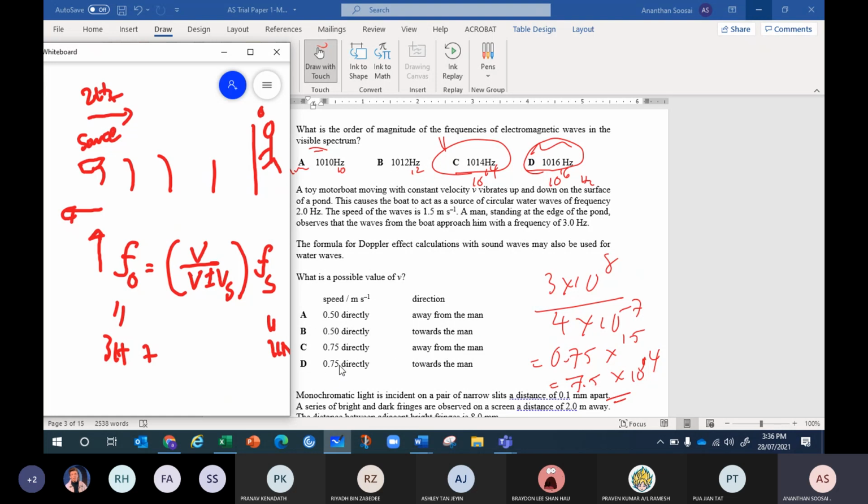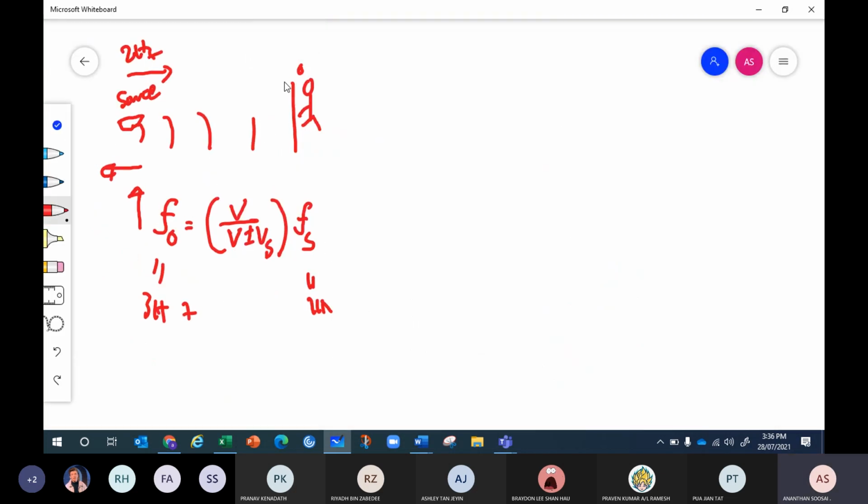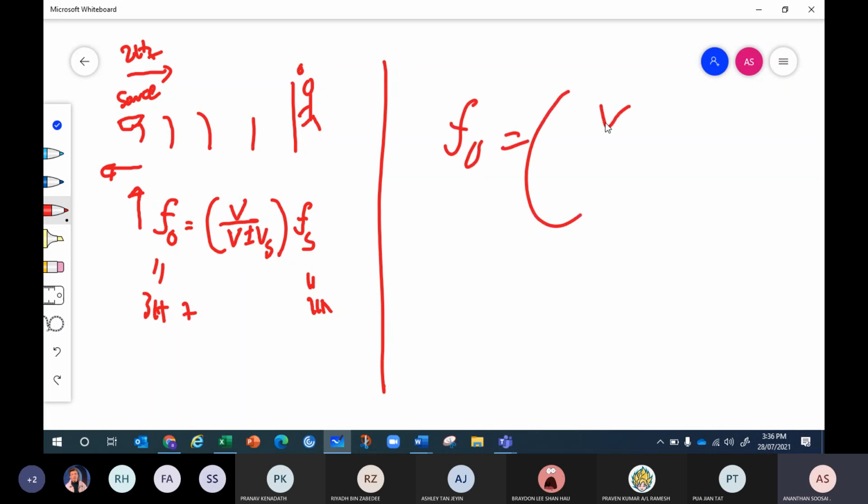But is it 0.5 or 0.75? You don't need to decide plus or minus at the bottom any more. So what do you have to do? f observed equals f naught times v over v, where this v is the speed of sound, or in this case the speed of the water wave. At the bottom it should be minus, right?